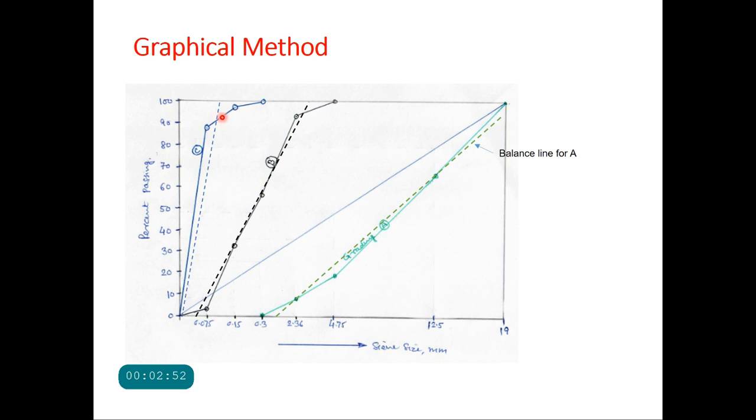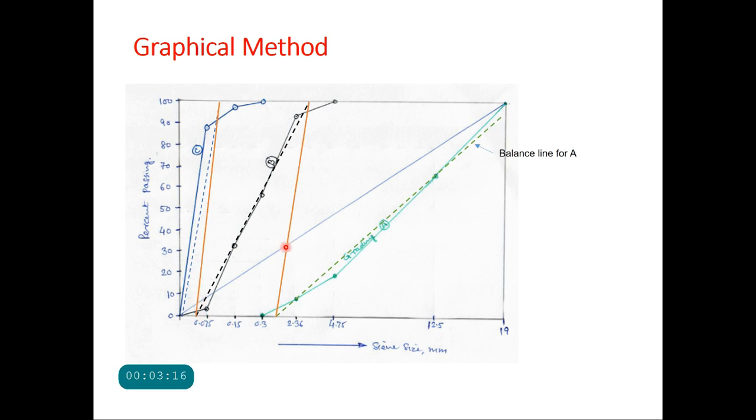Now this is the line for C. You take the end point of C and join it with the starting point of B, and similarly you take the end point of B and join it with the starting point of the balance line of A. Now the points where these lines intersect the desired grading are noted down.